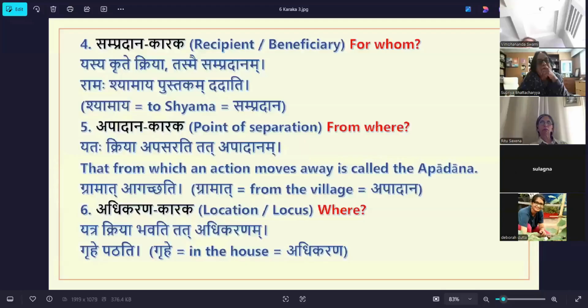Sixth one, adhikarana karaka. Adhikarana means location, locus. So to find out which word will take seventh vibhakti, saptama vibhakti, you ask the question where.